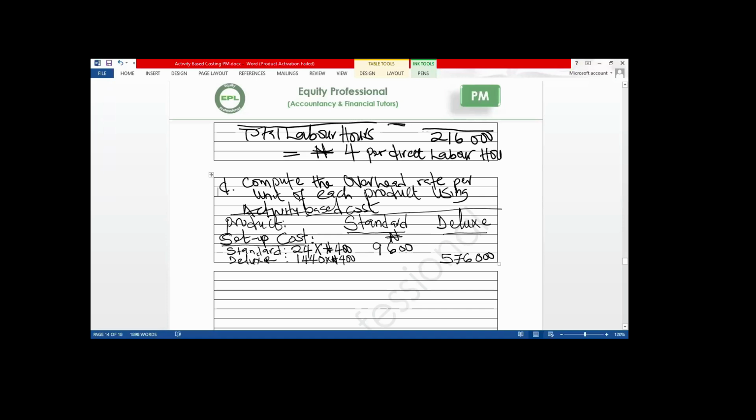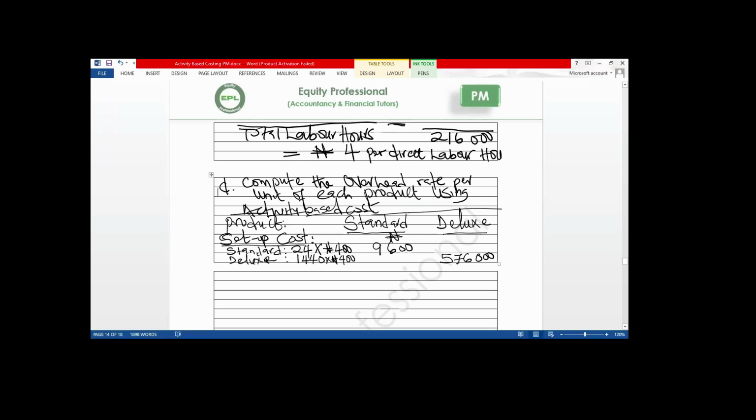Now we have shared the setup into setup cost for standard and setup cost for dealers. Are we there, please? Yes, sir. We have been able to apportion the setup.